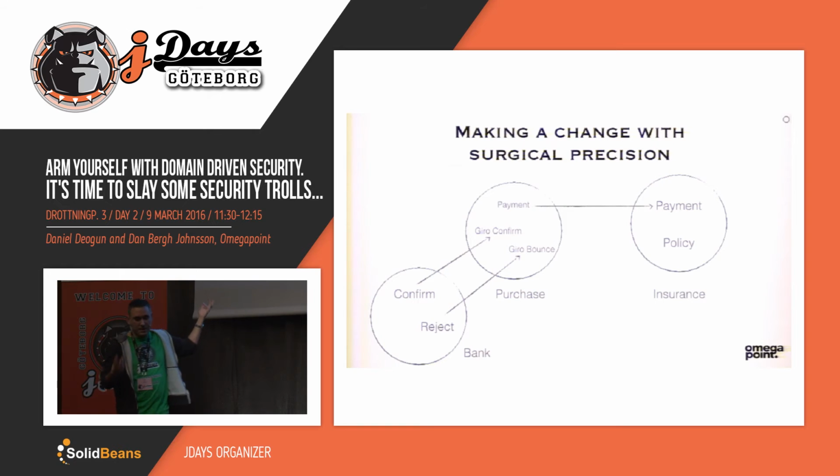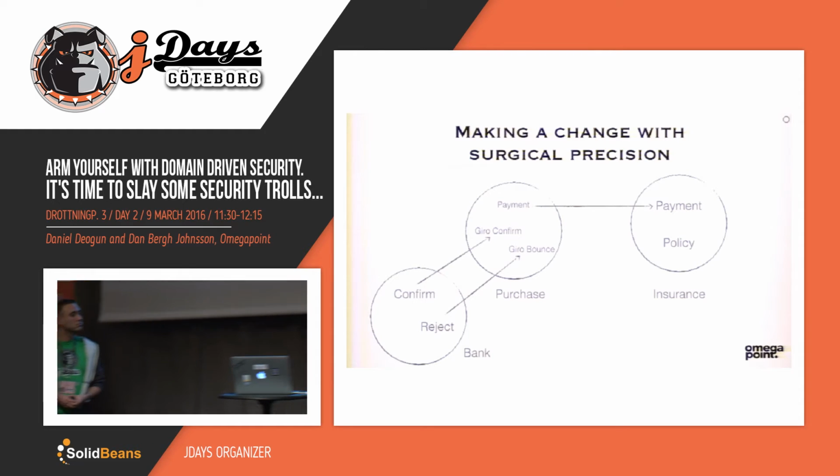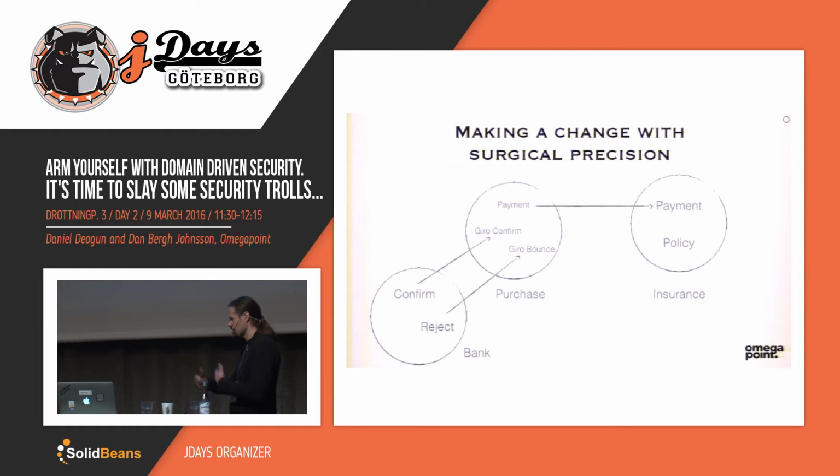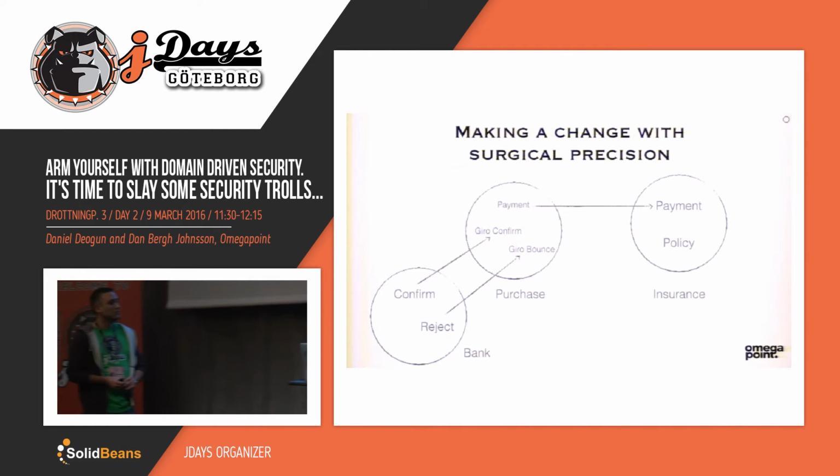They called it the bank one. And as soon as you got your payment, the payment got over to insurance. The insurance letter came out. So, gyro payment: when the payment was made, it was sent to the bank, they considered that a payment, and then they waited for the confirm or reject.